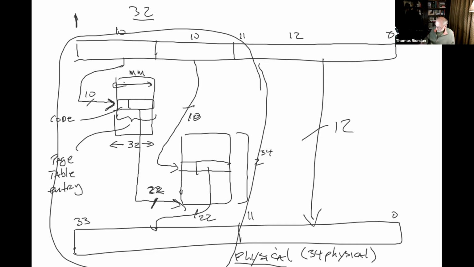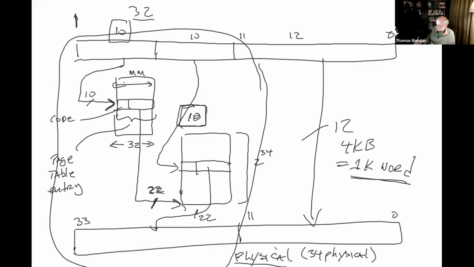So we have 1,000 and 1,000. So 1,000 and 1,000 is a million. And then finally we have down here 4K bytes, which is equal to 1K words. And so we have 1K words, and then here we have 2 to the 10th 1K words, which is 1,000 of those.